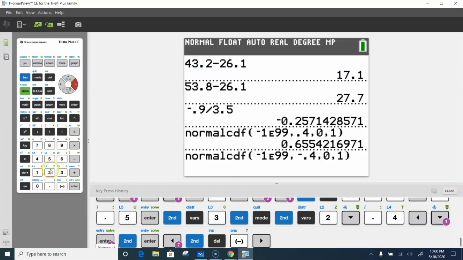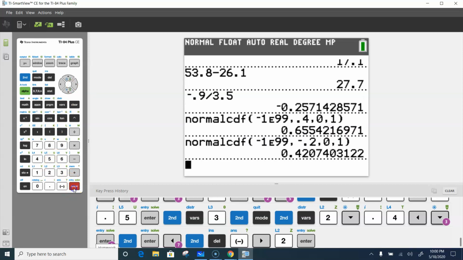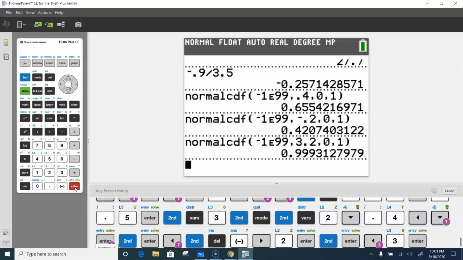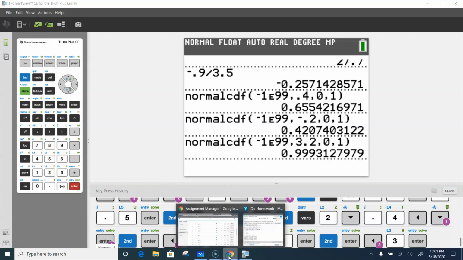And this was just negative 0.2. So that's below the 50th percentile. And I'm going to do second enter one last time. My lower limit, negative infinity, is still fine. But now I want this to be 3.2. Still the same mean and standard deviation. Okay, 0.999. So let's see what they want me to round to here.